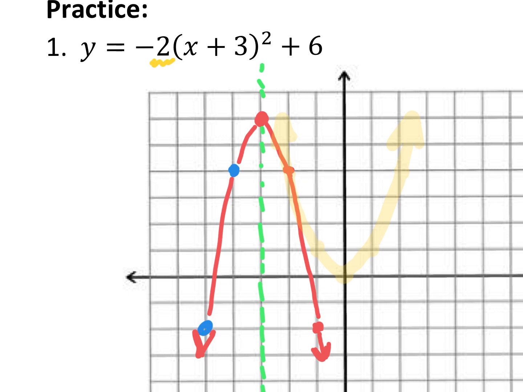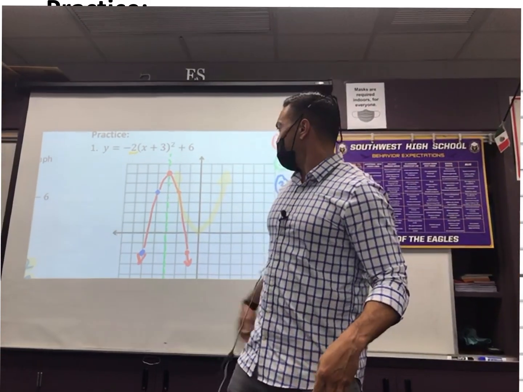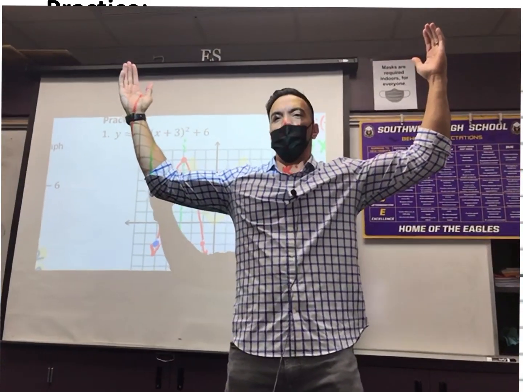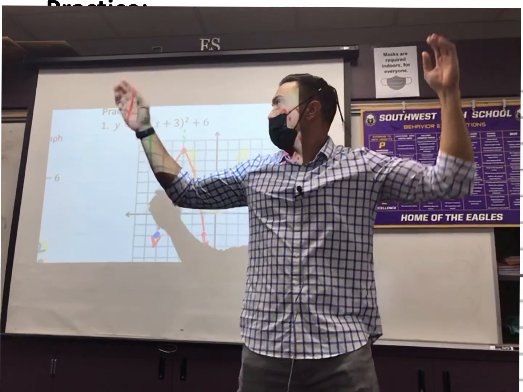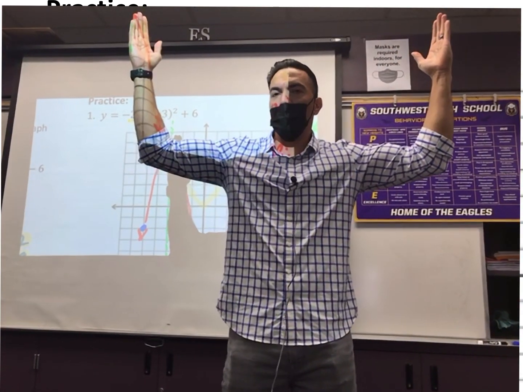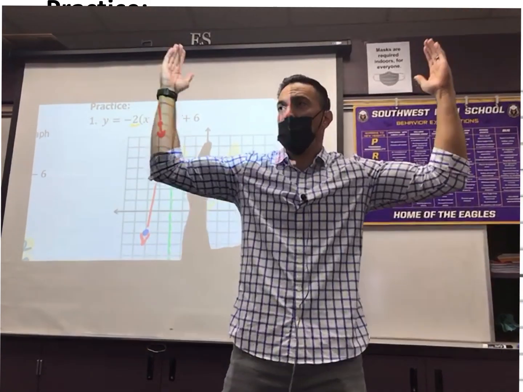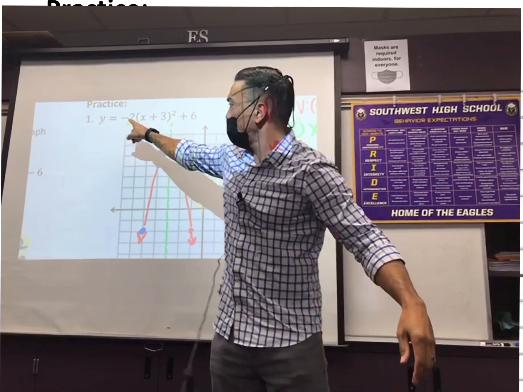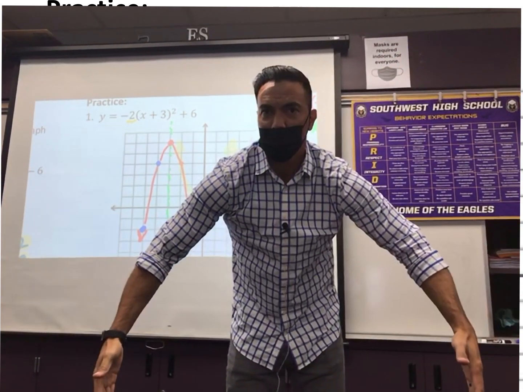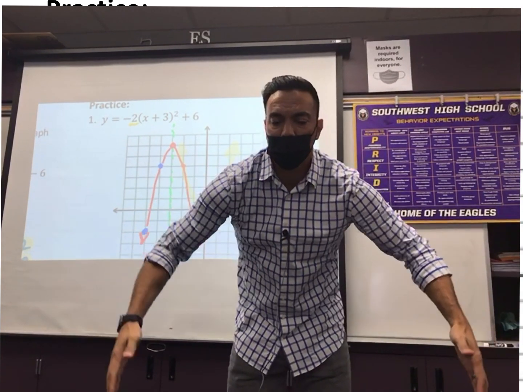So let me explain. If we look at the original parent graph, it had the origin 0, 0. And if you look at the very first thing that you see, it's a negative sign. That negative sign on the a is called a reflection over the x-axis. That's why it opens down. So the first transformation is a reflection over the x-axis. And then, because the a value is 2, it got vertically stretched by 2.